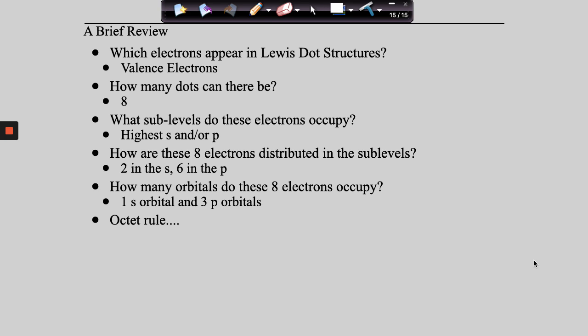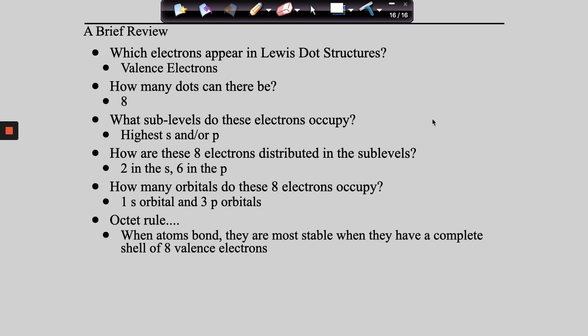So when we talk about the Octet Rule, not surprisingly, the root of octet is the prefix oct, which you probably know means 8, which shouldn't be a surprise because there are 8 valence electrons. And the Octet Rule then simply says that when atoms bond together, they are most stable when they have a complete shell of 8 valence electrons.